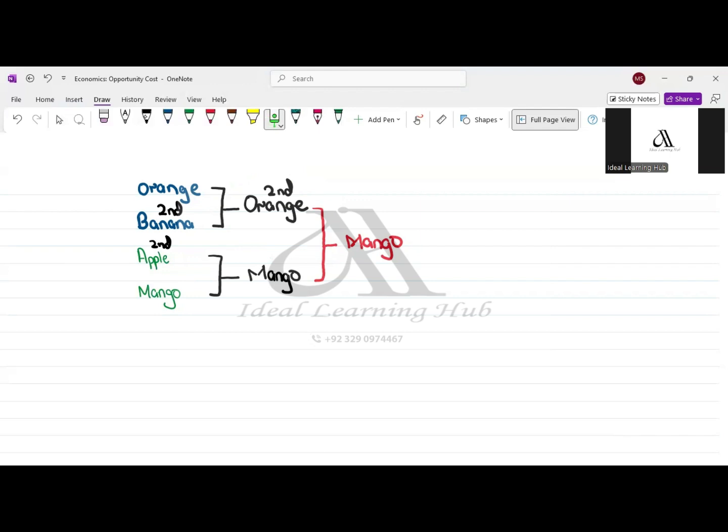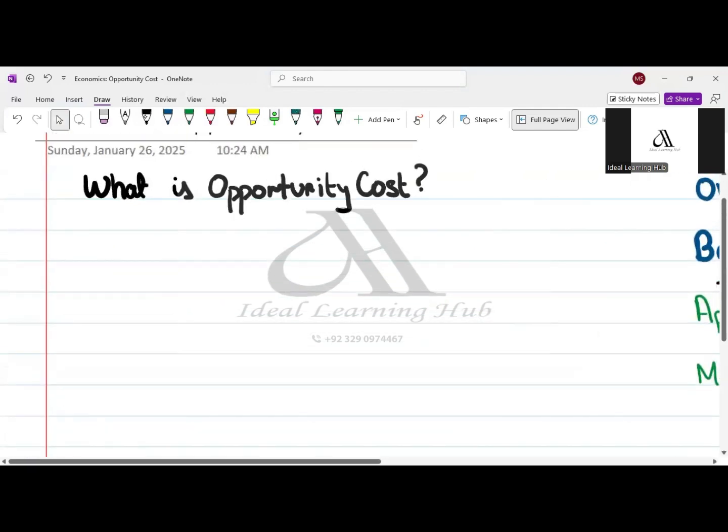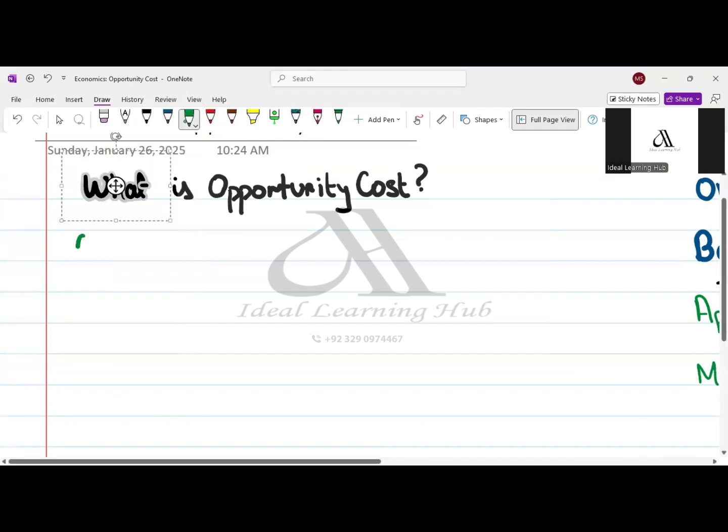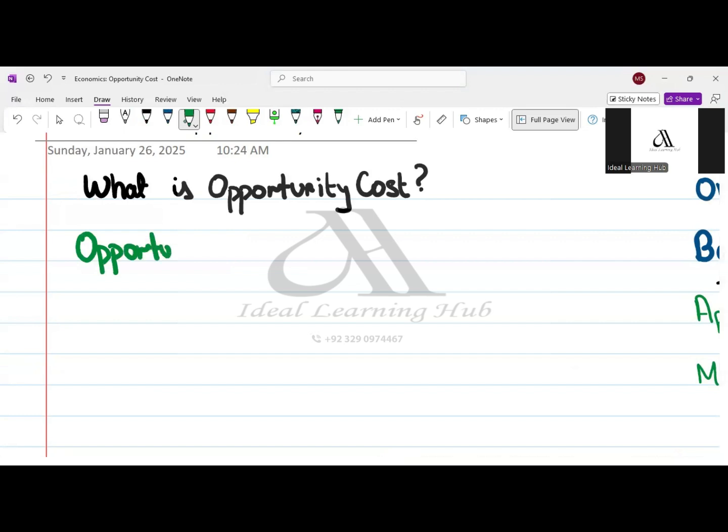In other words, whenever we have multiple options, the second best option is what opportunity cost is. So I want you to write it down. Let's write it with green so that it seems like an answer.